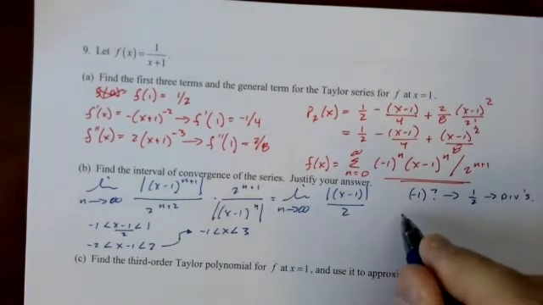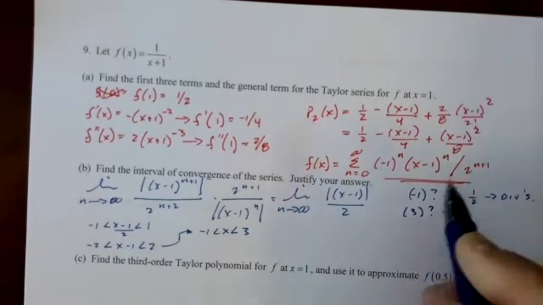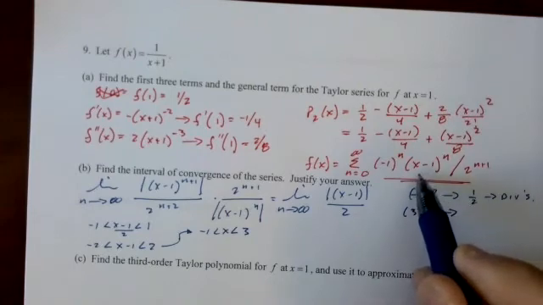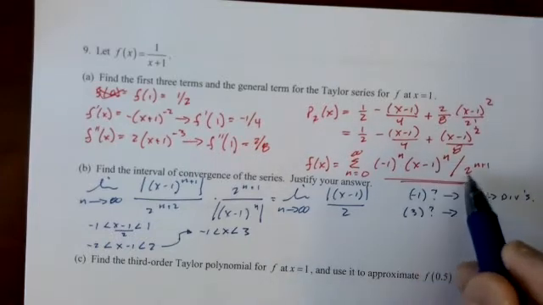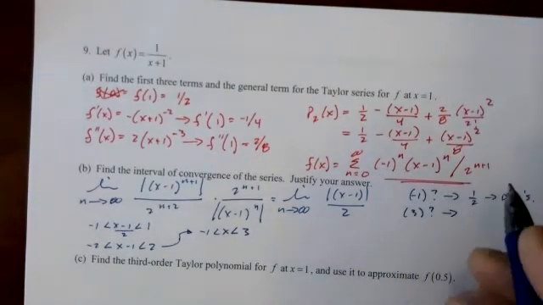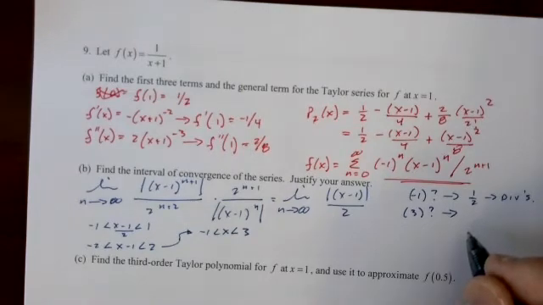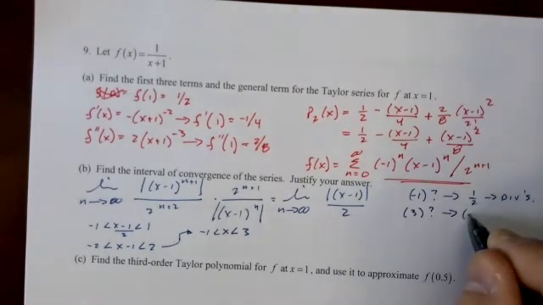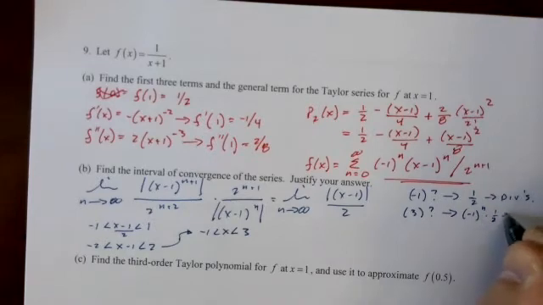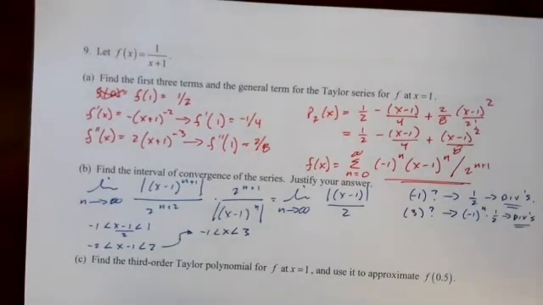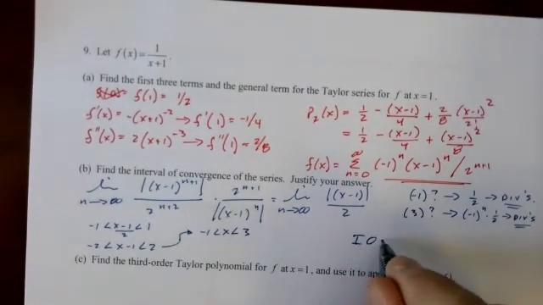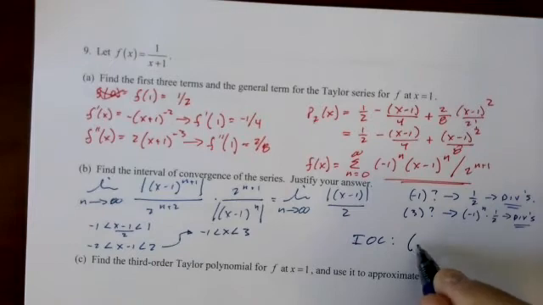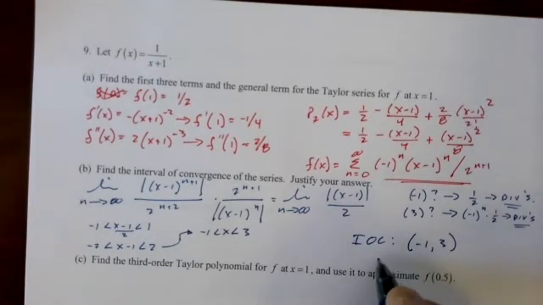Plug in 3. 3 minus 1 is 2. It's 1/2, and it's positive, negative, positive, negative. So negative 1 to the n times 1/2 also diverges. So the interval of convergence is negative 1 to 3.